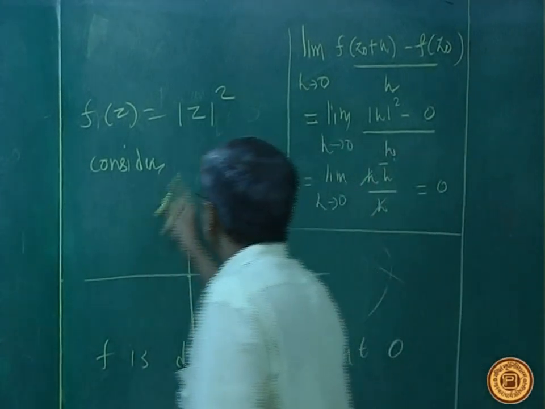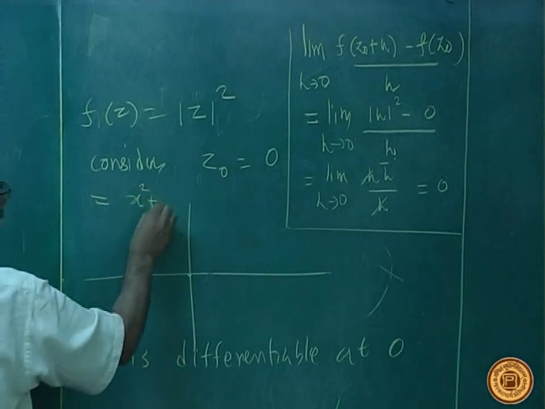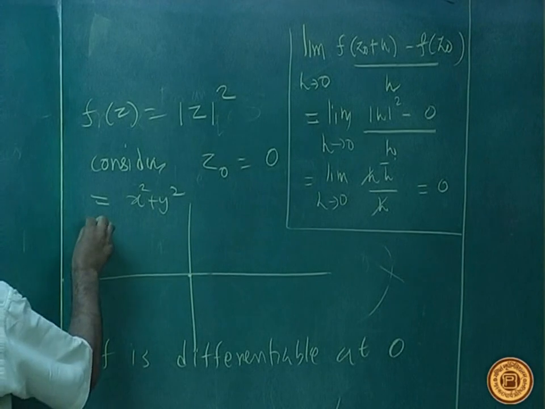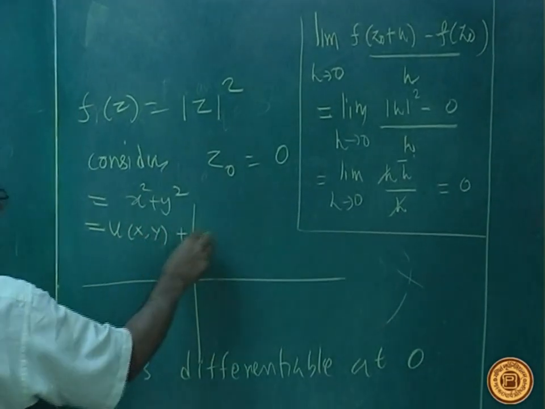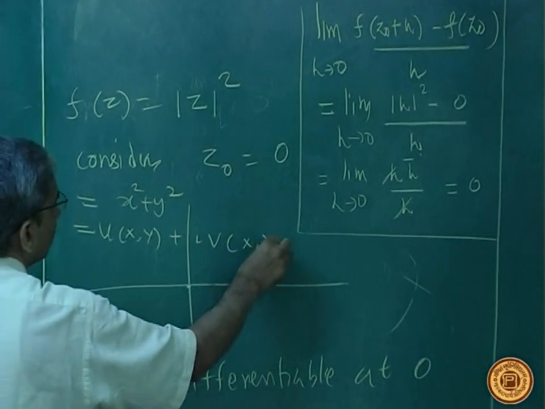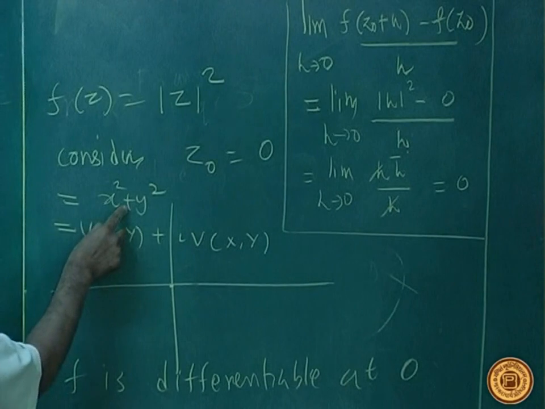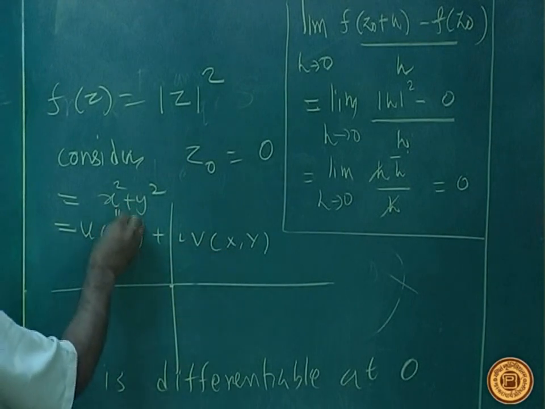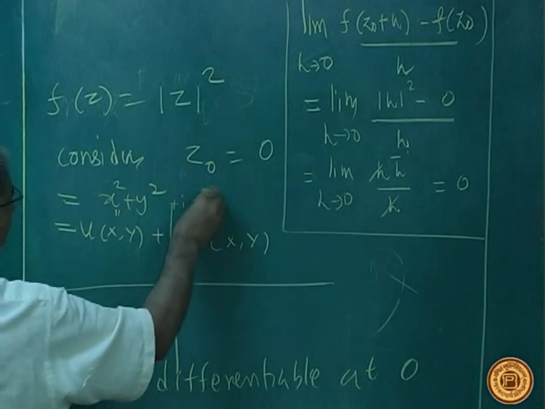This f(z) is mod z square, which is actually x square plus y square. So, if I look upon this as u(x,y) plus i times v(x,y), then this u(x,y) is x square plus y square, and v(x,y) is 0. This is a real function, so this is i times 0. So, v(x,y) is 0.